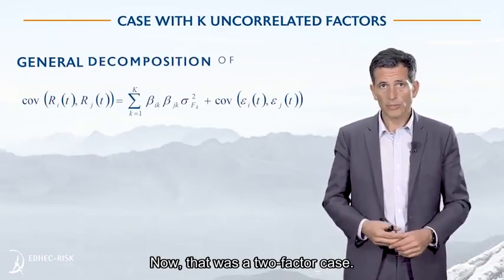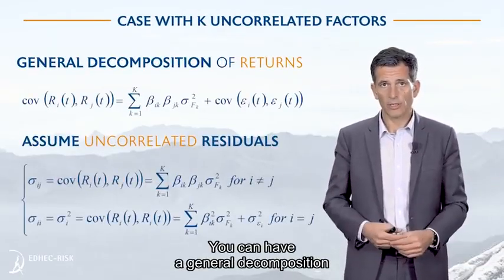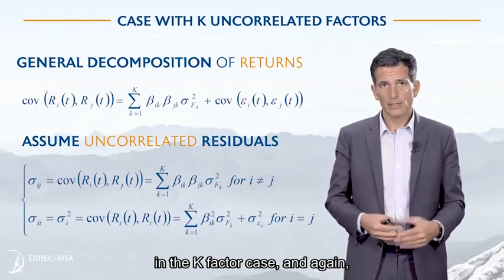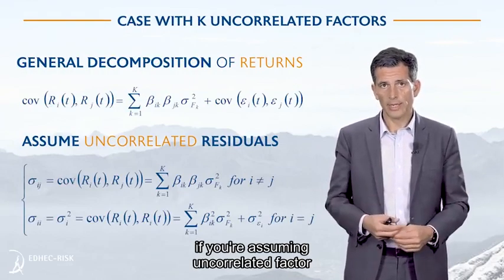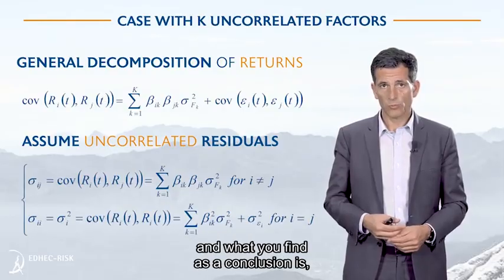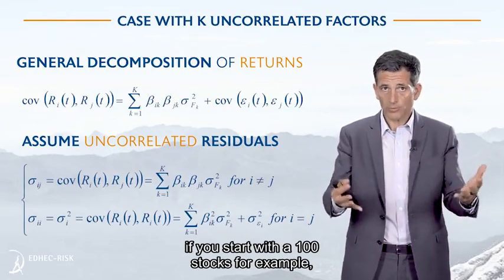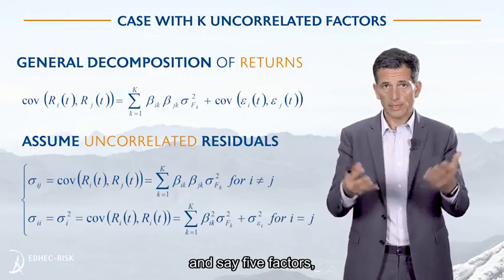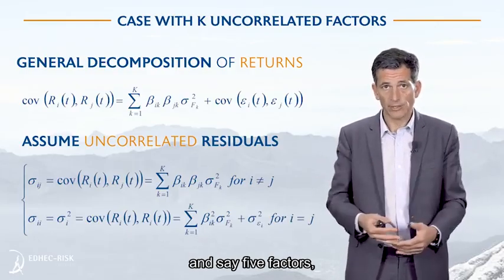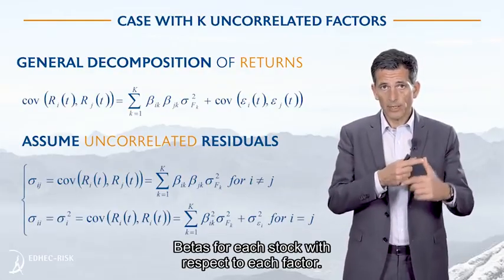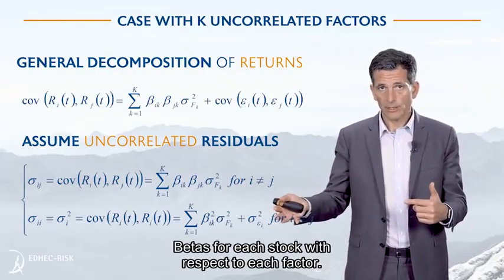Now, that was the two-factor case. You can have a general decomposition in the k-factor case. And again, if you're assuming uncorrelated factors, what you find as a conclusion is, if you start with 100 stocks, for example, and say 5 factors, then you need to estimate betas for each stock with respect to each factor.